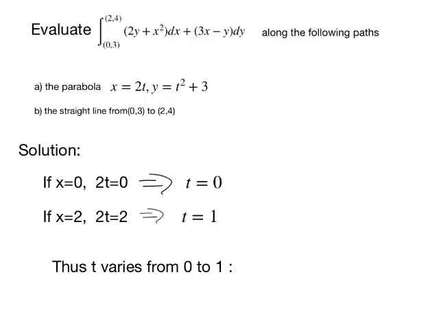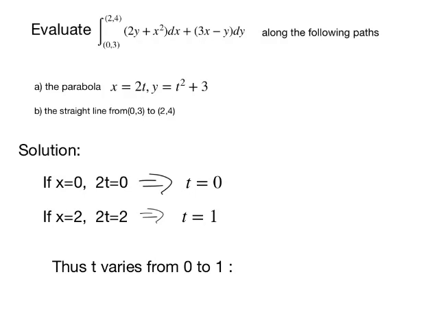To explain a line integral problem, I am taking one example: evaluate the integral of (2y + x²) dx + (3x − y) dy over the limits (0, 3) to (2, 4).